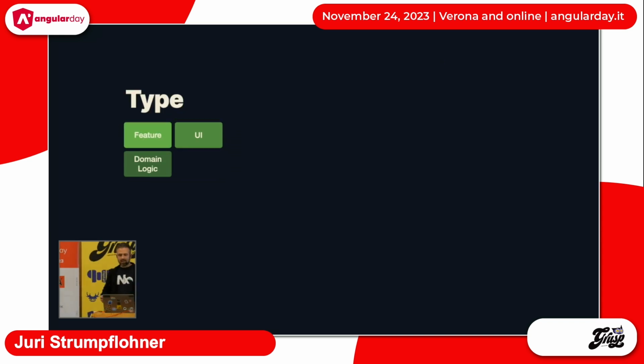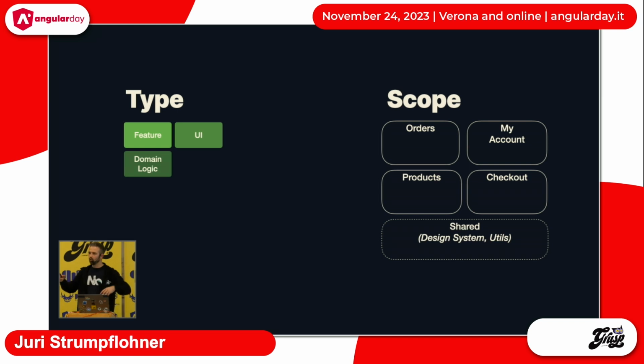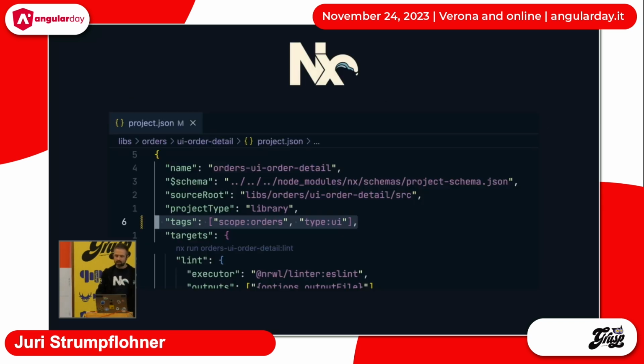And types, again, as I mentioned, are feature, UI, business logic. Scope is the domain. Is it about orders? Is it about products? Is it about shared components, shared logic? And then what you can do is you tag the project. You clearly need to tell Nx in this case, hey, this belongs to scope orders because it's my order library, my order project, and it's of type UI because it has UI components.